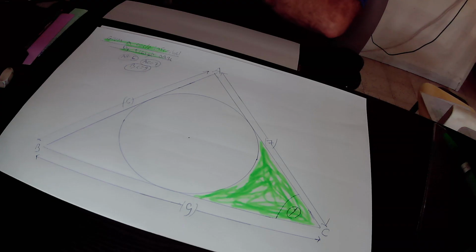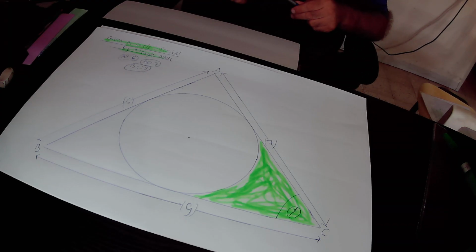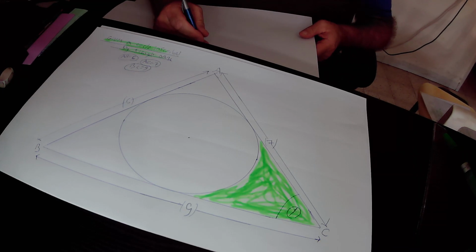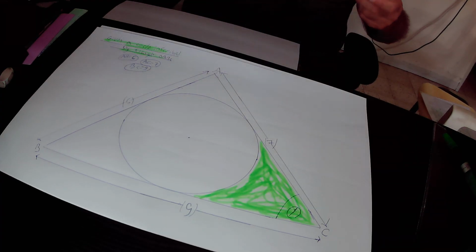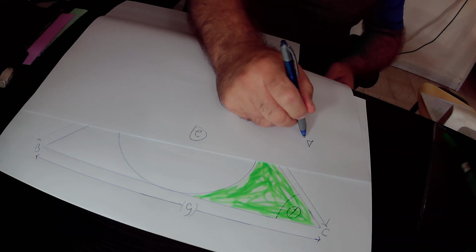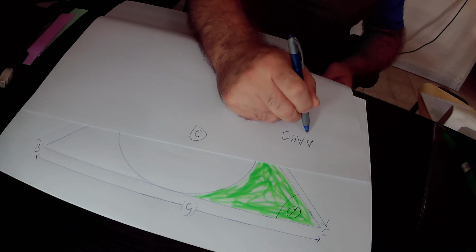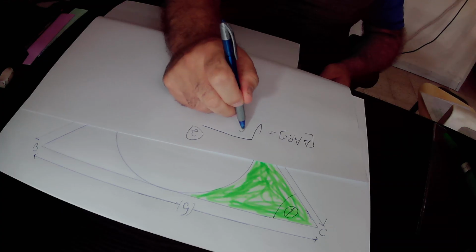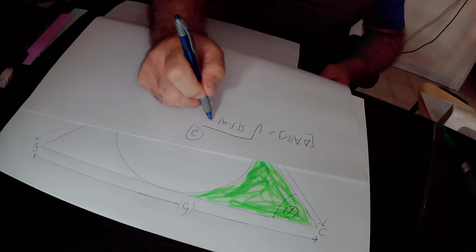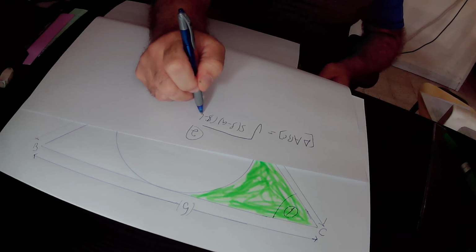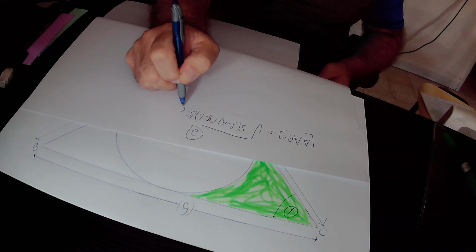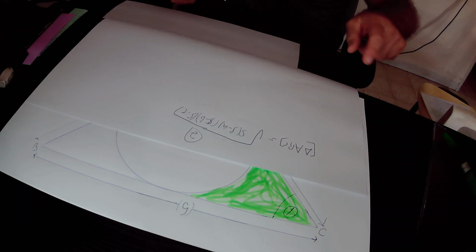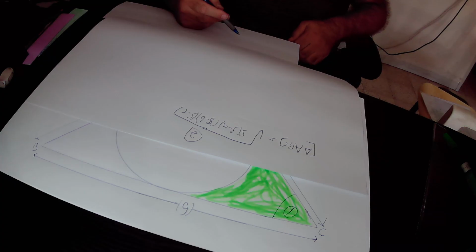The area of triangle ABC is equal to the square root of S times S minus A times S minus B times S minus C.